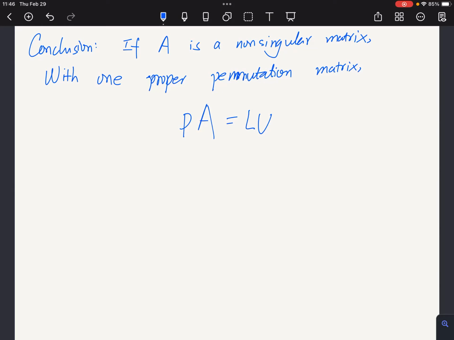And that's the very original LU factorization theorem we have in the very beginning. So up to one permutation, the non-singular matrix A has an LU factorization, and that's all the theoretical aspects about LU factorizations.